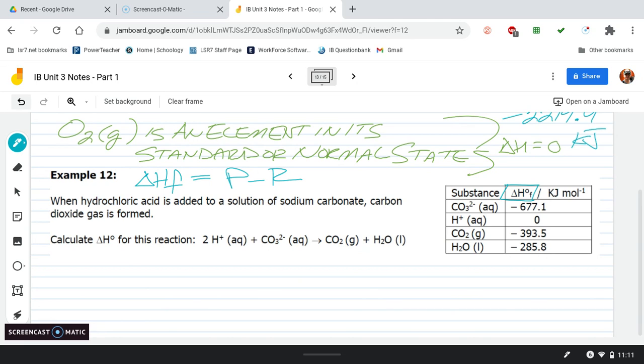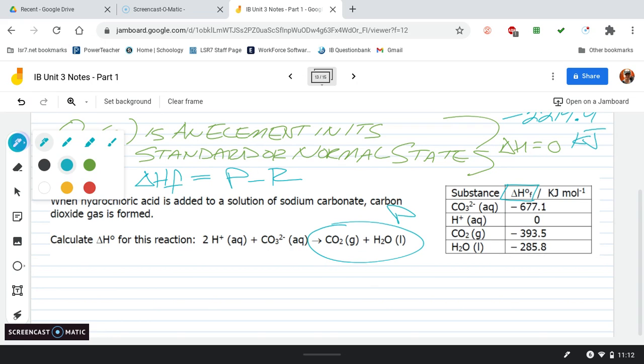And so I'm going to start with my products. And they're not particularly interesting because they're all ones. So this one's a little easier than the one before, but hopefully you spotted that. So let's go ahead and do 1, because there's 1 carbon dioxide, times carbon dioxide's value, which is right there, negative 393.5.